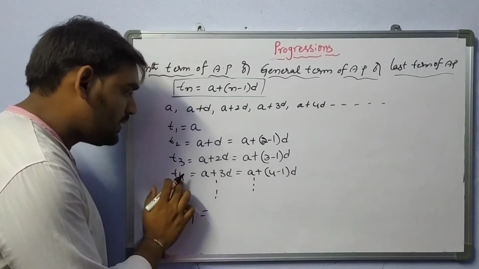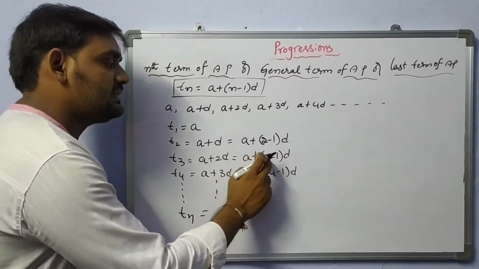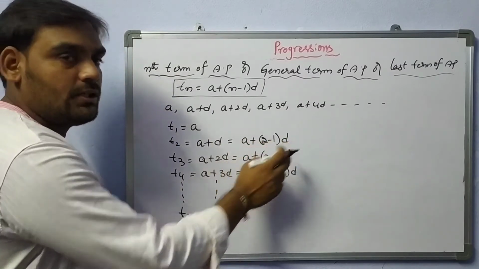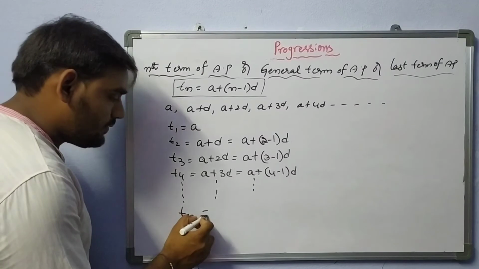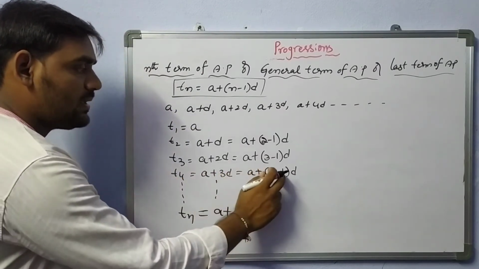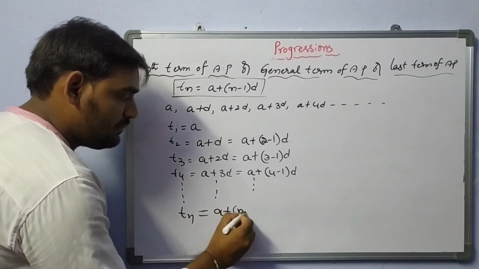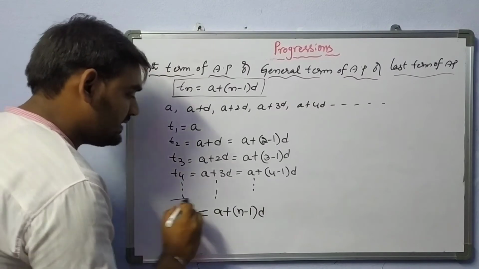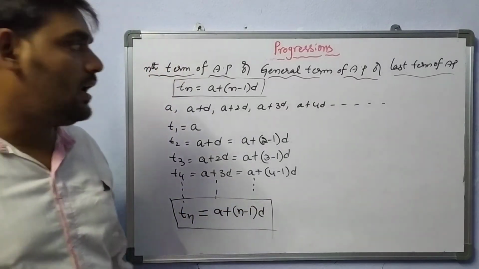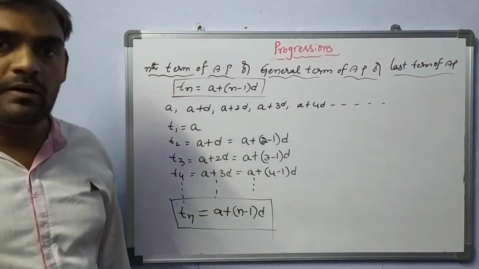Tn, see here T4 means A plus 4 minus 1 into D. T3 means A plus 3 minus 1 into D. T2 means A plus 2 minus 1 into D. Like that only Tn is equal to A plus n minus 1 into D. This is the general term of an AP, or else last term of AP, or else nth term of AP.